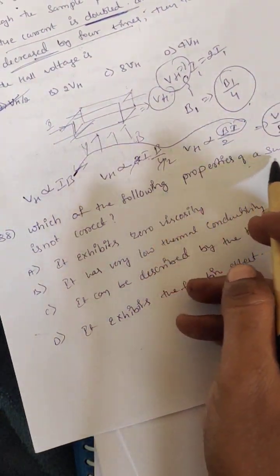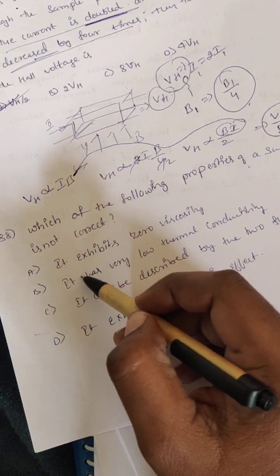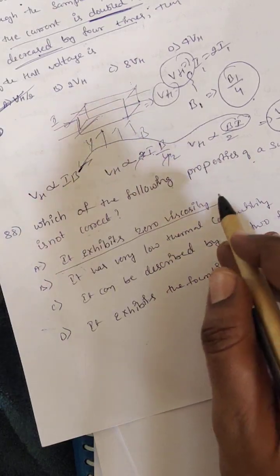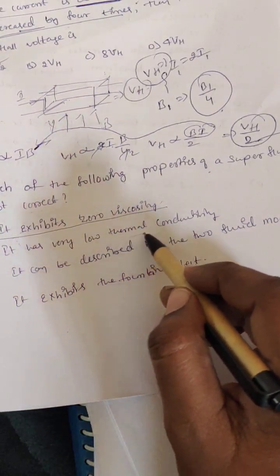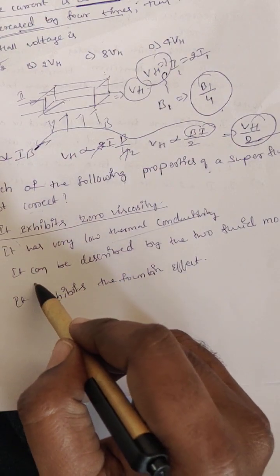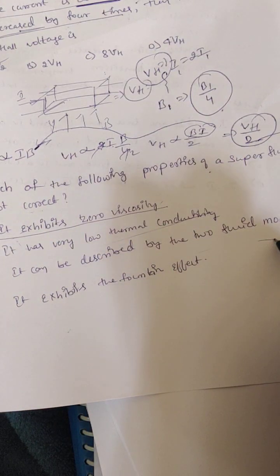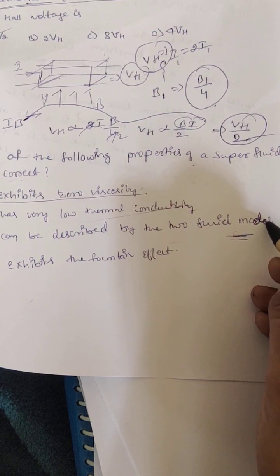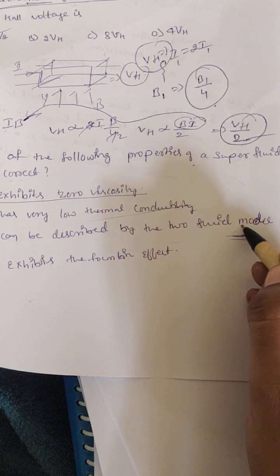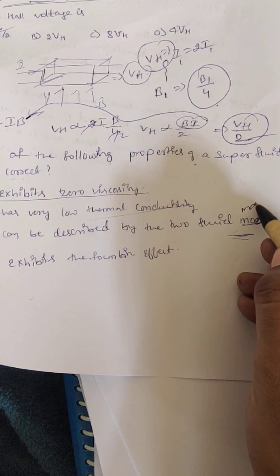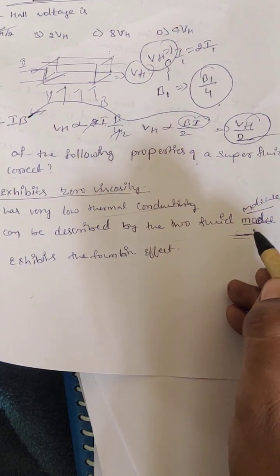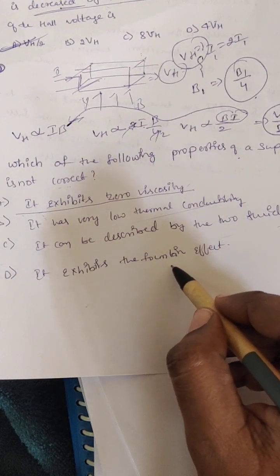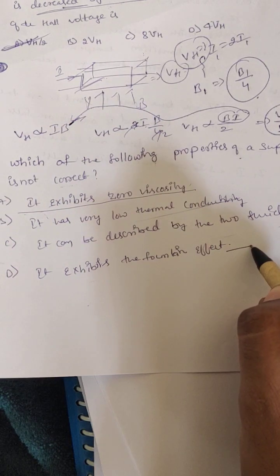Which of the following properties of superfluidity is not correct? Options given: it exhibits zero viscosity, it has very low thermal conductivity, it can be described by a two-fluid model, it exhibits the fountain effect.